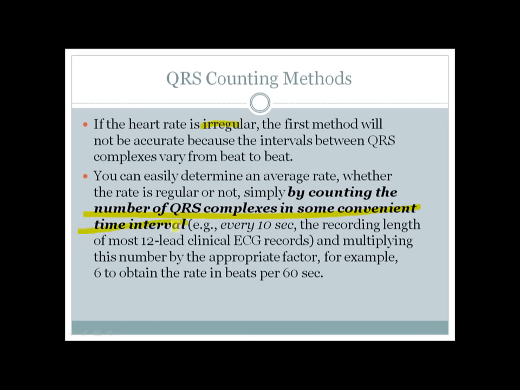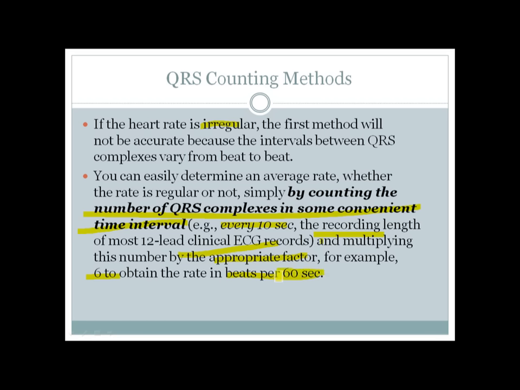So in every 10 seconds, the recording length of most clinical ECG records, measure the QRS complexes in the 10-second interval and multiply this number by an appropriate factor, for example 6, to obtain the rate per 60 seconds. So you will get a rate per 60 seconds, because 60 seconds makes 1 minute.